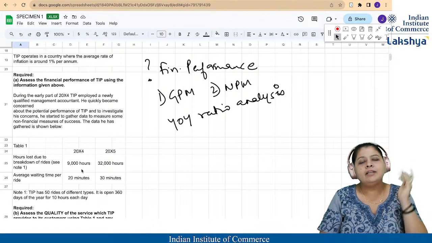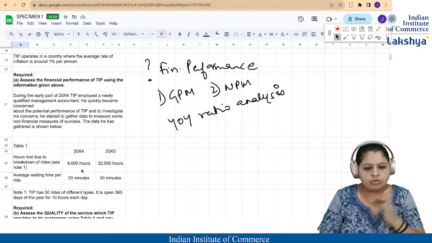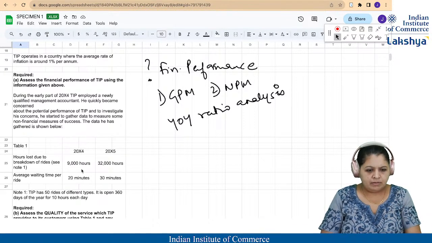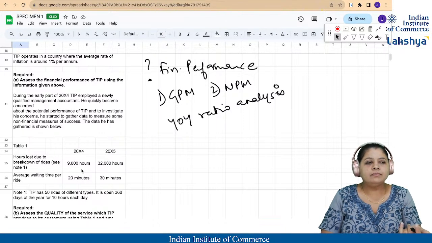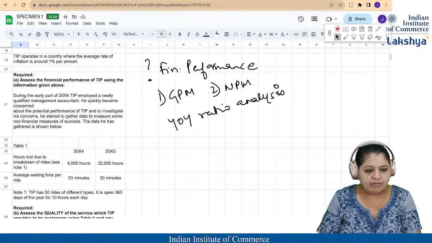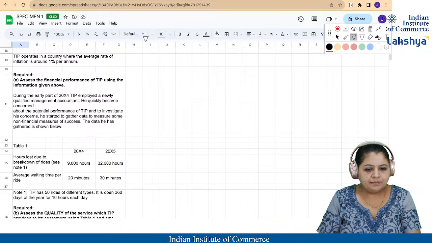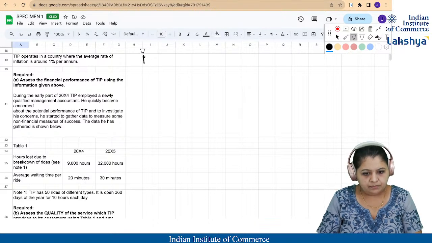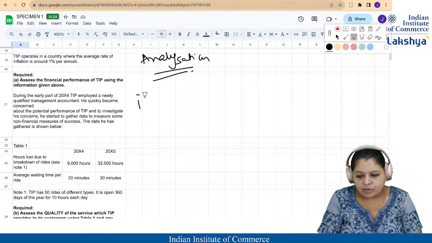Once you calculate your year-on-year ratios, or you calculate your performance, your profitability ratios, which is the bare minimum that you can find out, then you should go to your analysis part, right? Where you can talk about the sales growth.